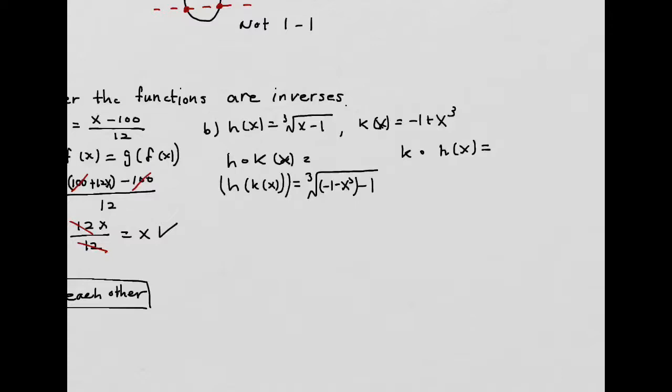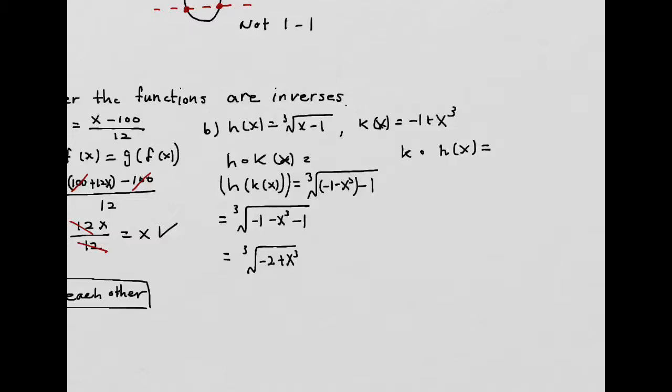And then you simplify, right? When you open the parentheses, you get negative 1 minus x cubed and minus 1, which gives you the cube root of minus 2 plus x cubed, where you cannot simplify it any further, right?